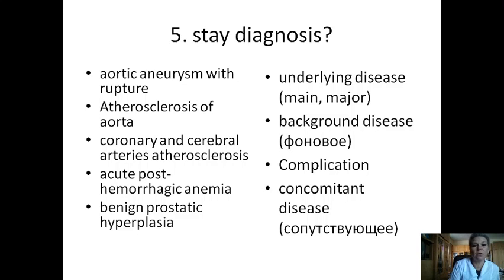You must state those processes in the four main rubrics of diagnosis: underlying disease or main disease, background disease, complications, and concomitant disease. Please state the correct diagnosis and discuss this situation in the practical lessons.